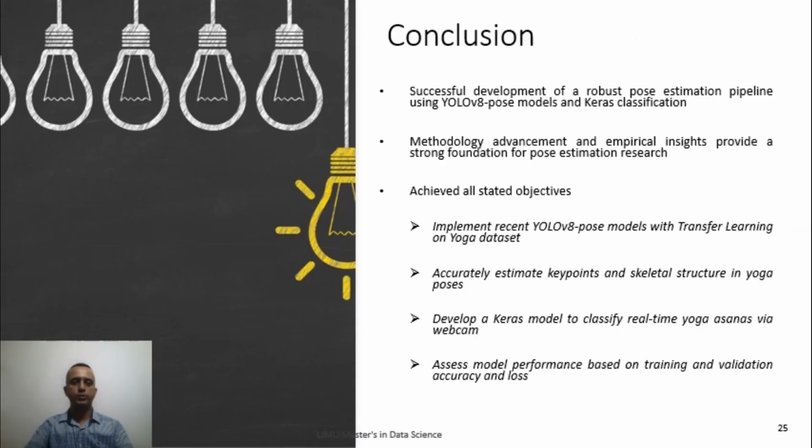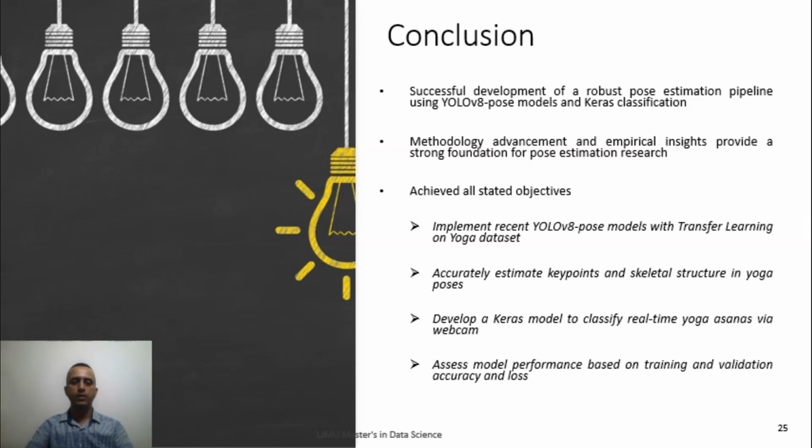Coming to the conclusion, the results, discussions, and demonstrations clearly indicate the successful development of a robust pose estimation pipeline using YOLO V8 pose models and Keras classification. The developed methodology and empirical insights provide a very strong foundation for pose estimation research. All the stated objectives indicated during the beginning of the study have been achieved.